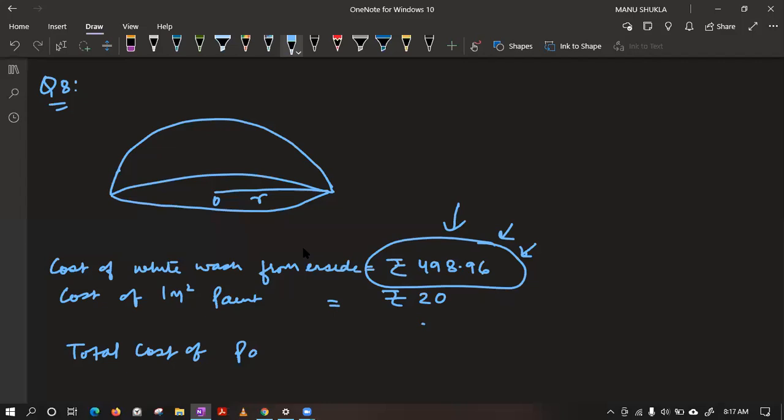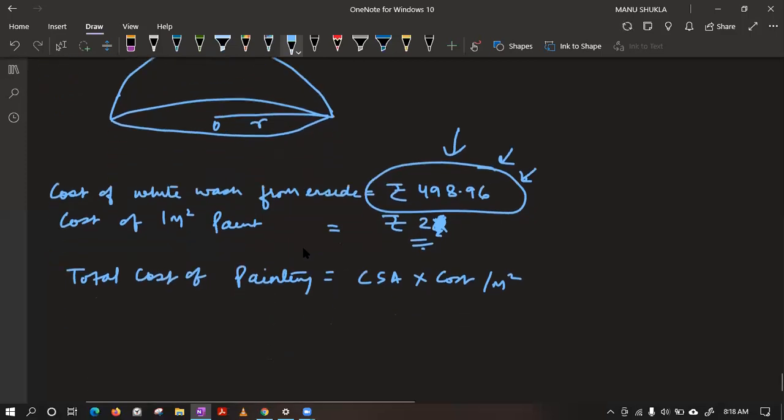Now, the total cost of painting is given by the curved surface area multiplied with... they are changing that value only, yes. So I'm going with my own, which is in the book, that is rupees 2. You can try with the value given in yours. I am going with rupees 2 per meter square. Now we have to find the total cost of painting equal to CSA into cost per meter square.